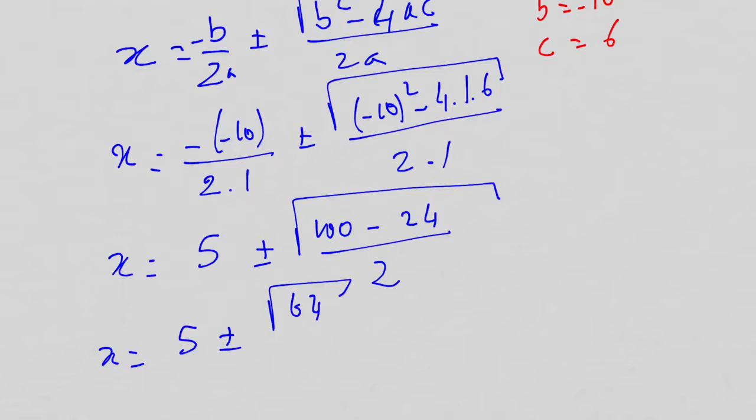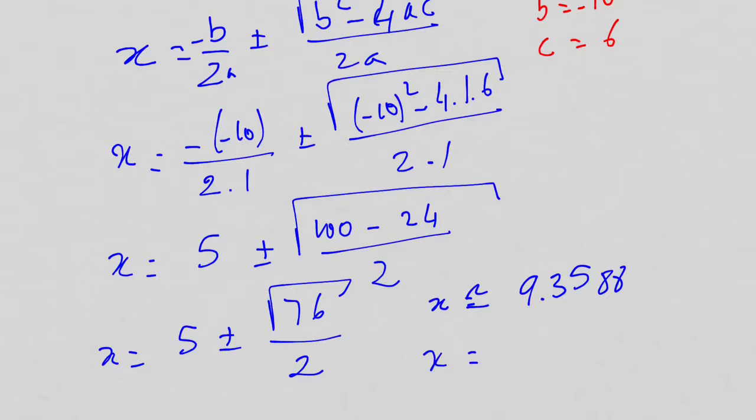So x equals 5 plus or minus the square root of, actually, 76. It is 76. So 76 divided by 2. So x is going to be equal to, let me do the calculation for you guys, 9.35, or x is going to be equal to 5 minus the square root of 76 divided by 2.